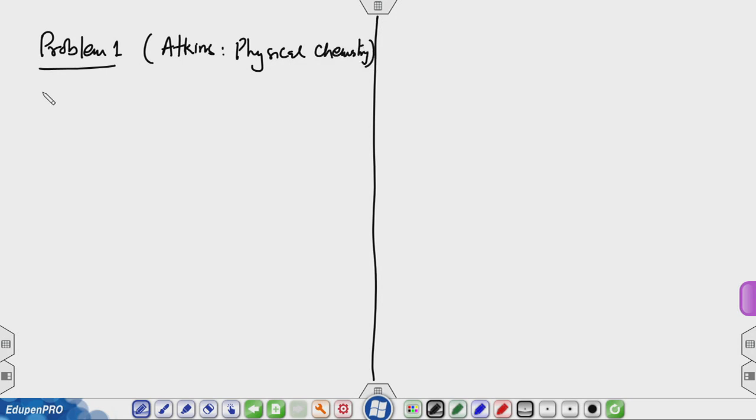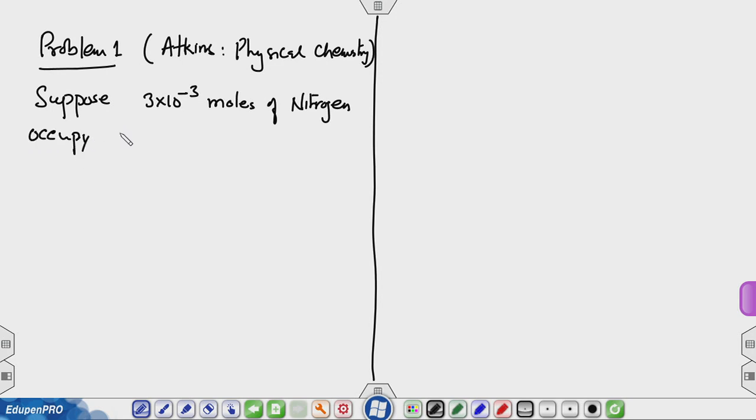And it says, suppose 3 times 10 raised to minus 3 moles of nitrogen occupy 36 centimeter cubed at 300 K and expand freely to 60 centimeter cubed.